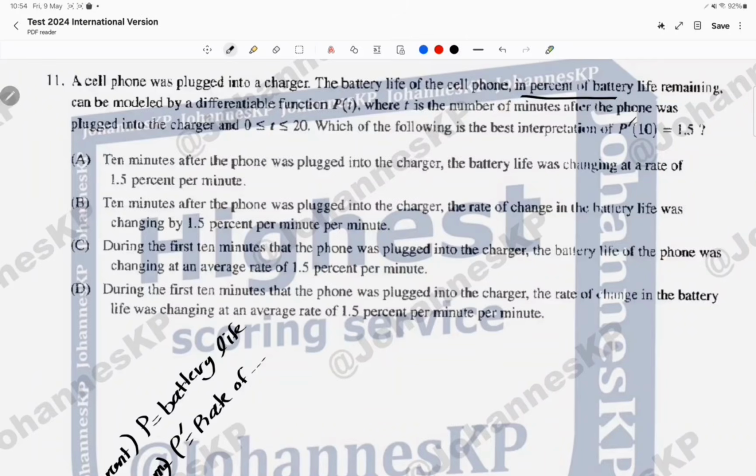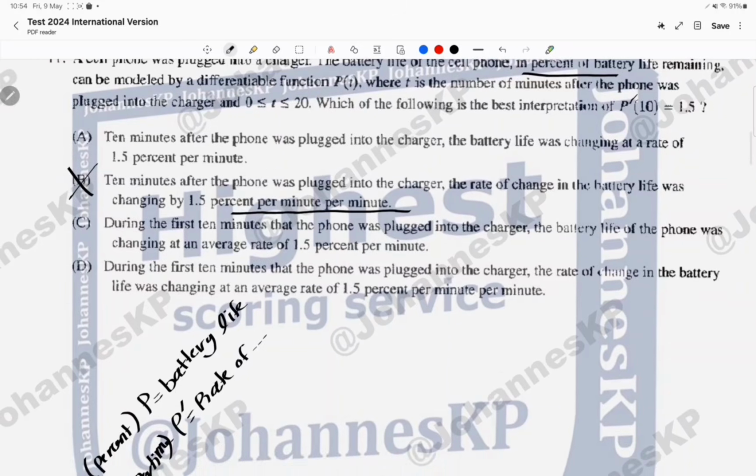So it's not going to be B because they have per time. And let's see, during the first 10 minutes. It cannot be D as well, so it's not D. So either A or C. So it was changing at the rate.